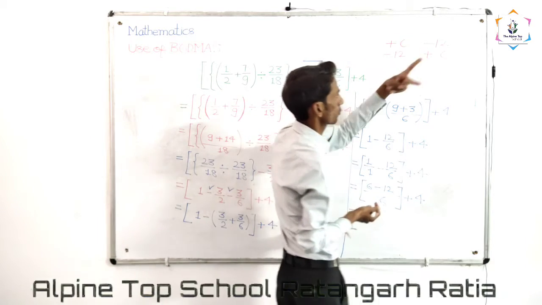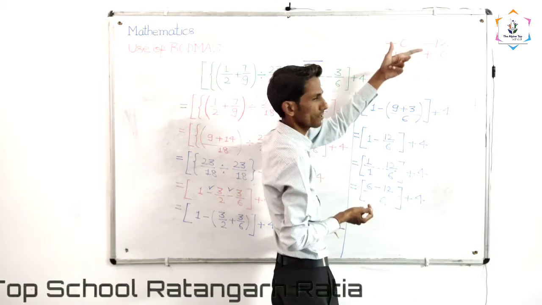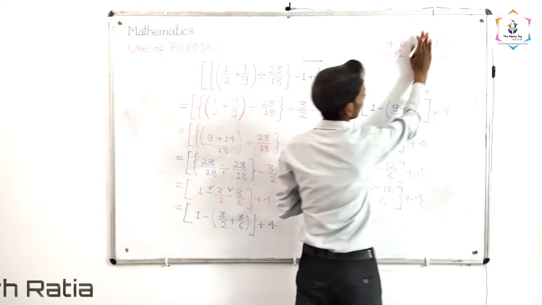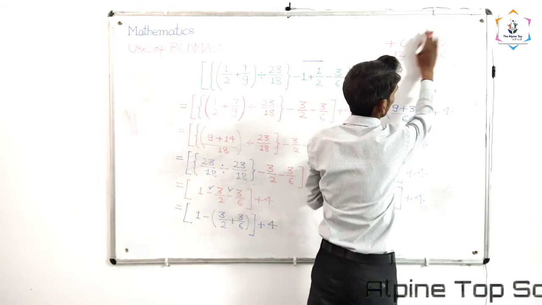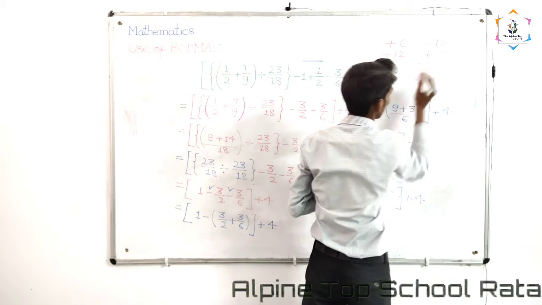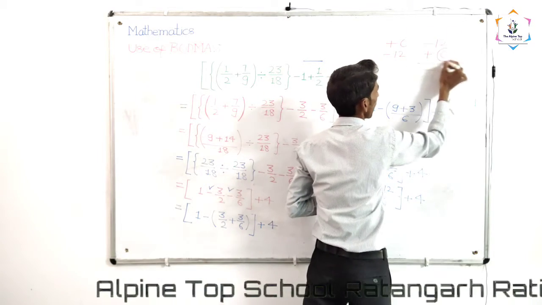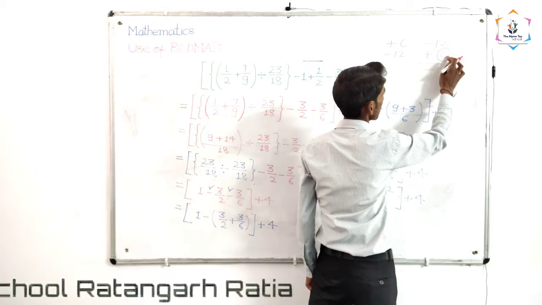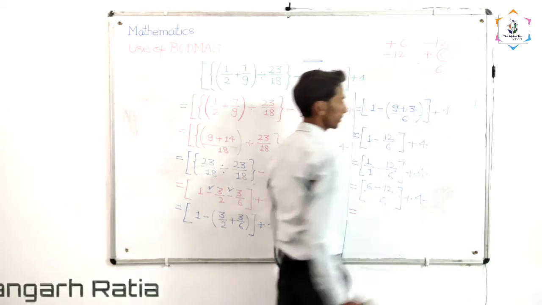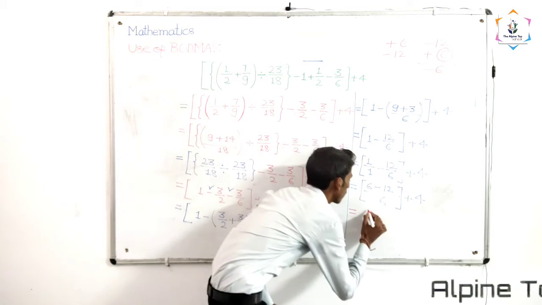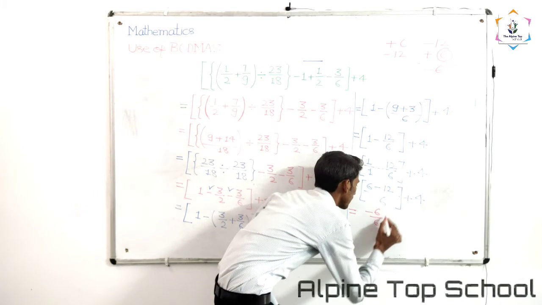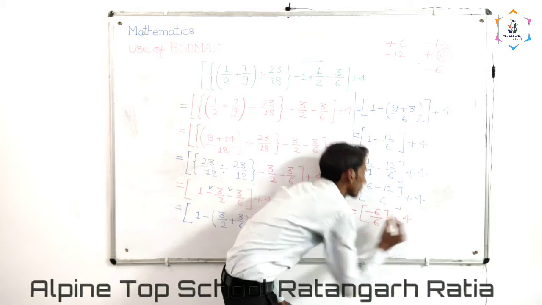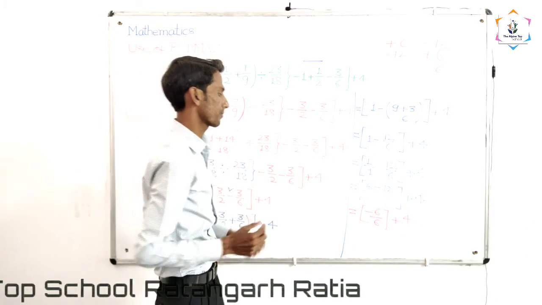Whenever we want to solve two integers which have different signs, what is the strategy? Just without the sign, which number is greater? Without the sign, 12 is greater. Obviously the answer will come in negative, and the smaller number you have to subtract from the larger number. When you subtract 6 from 12, you will get 6. It means the answer is minus 6. Minus 6 upon 6. Square bracket closed and plus 4.